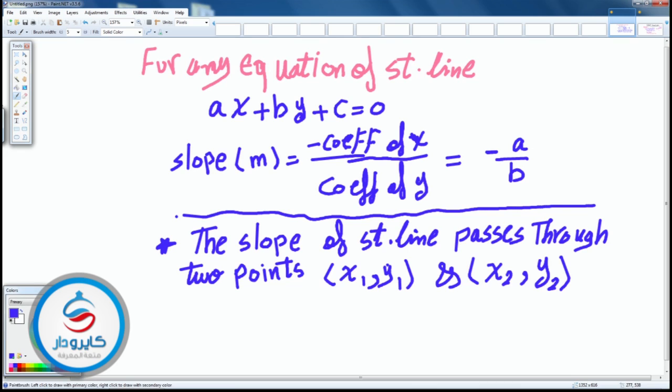Then our slope will be m equals y2 minus y1 over x2 minus x1. This is how we could find the slope of the straight line.